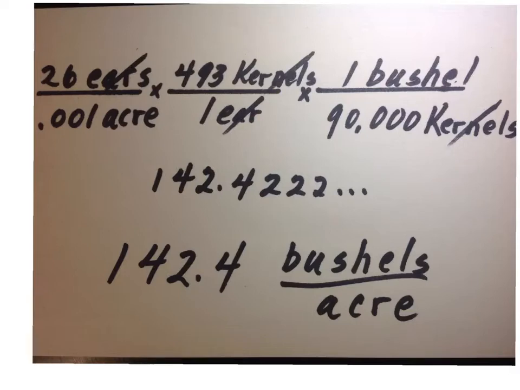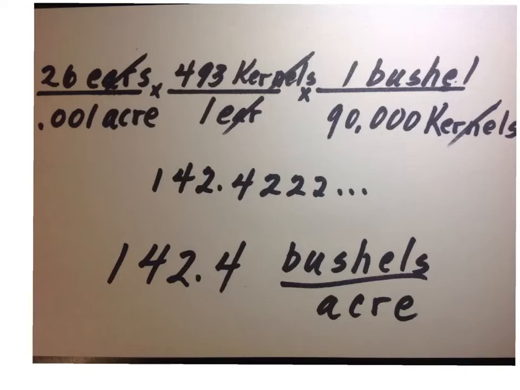Cancel, cancel. We will multiply that fraction then times 1 bushel is 90,000 kernels, and notice that we set that up in such a way that the kernels cancel, leaving us only bushels on the top of the fraction, acres on the bottom of the fraction, and so our answer is going to come out in bushels per acre.